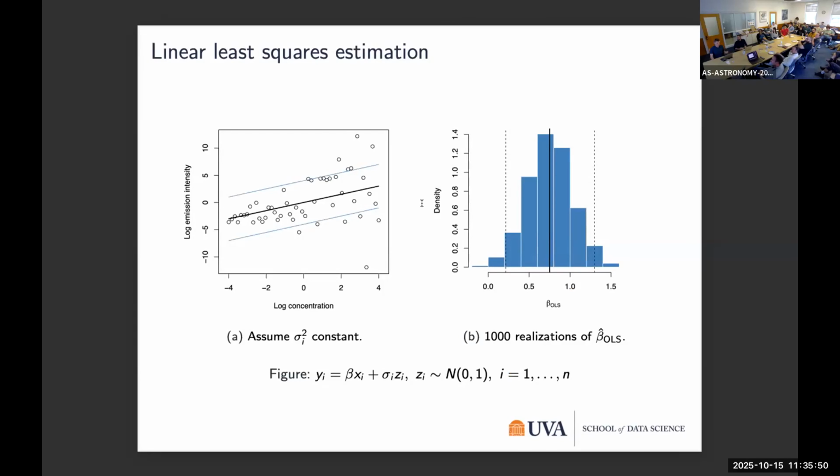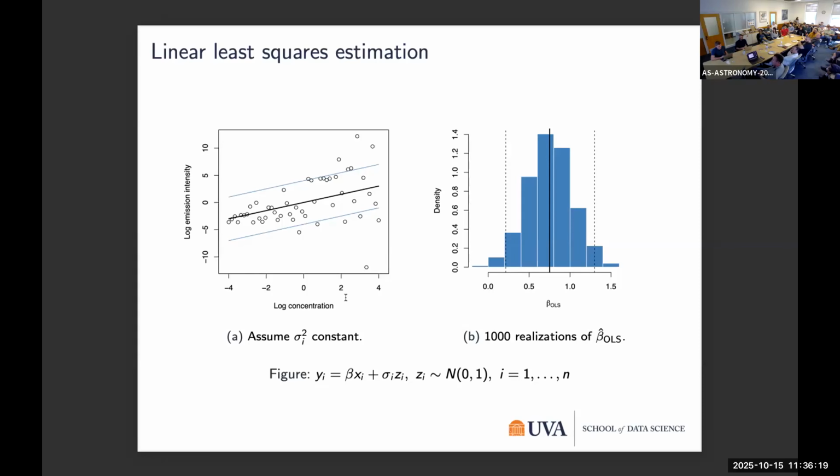Just what do we mean by variance? I want to be very specific about what that means because I know the audience is mixed here. What I'm plotting on the left is a relationship between, let's say, the concentration of some chemical and some emission intensity, or the log of that, when you've measured this substance with a spectrometer. You can imagine this is just at one peak location.